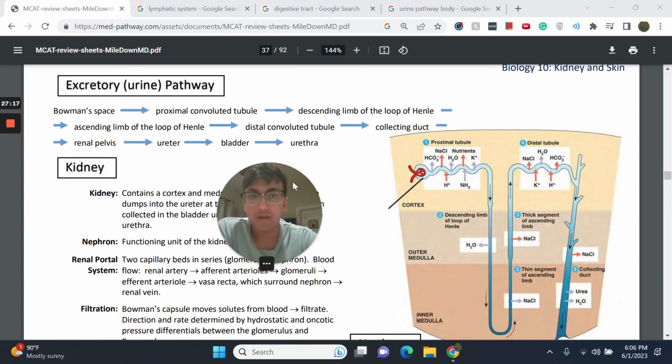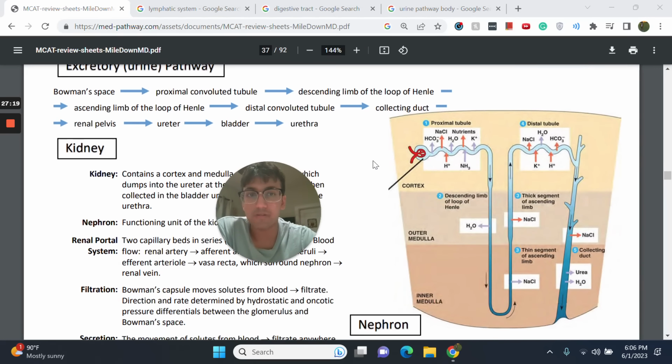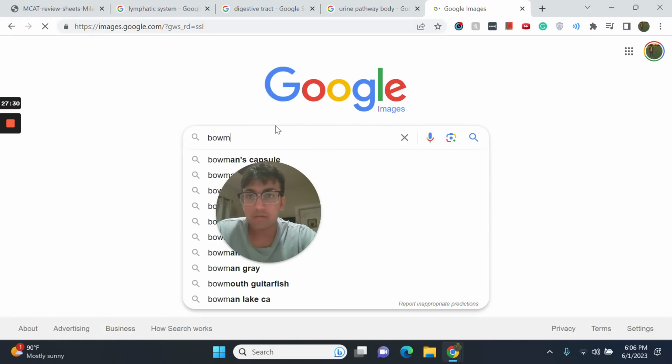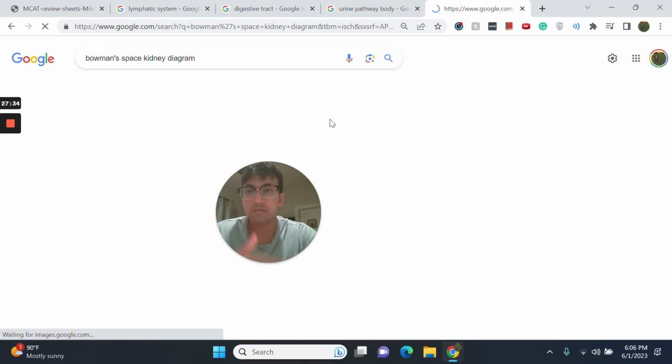And so the kidney has this thing called the Bowman space. Let's see if I can show you here. Bowman space kidney diagram.